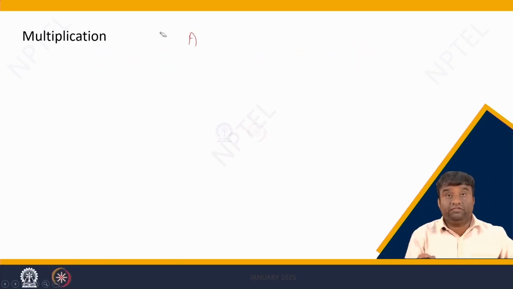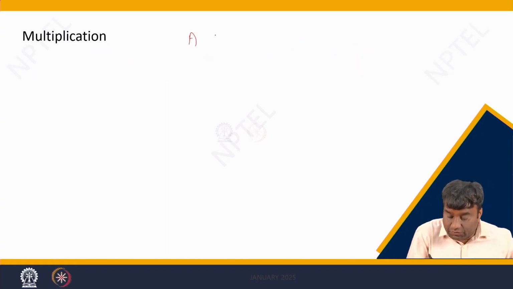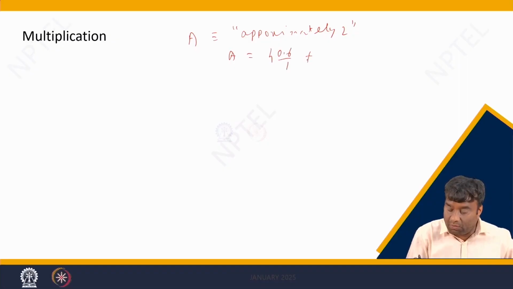Now we define a fuzzy number A as approximately 2. So we can write A equal to 0.6/1 plus 1/2 plus 0.8/3.